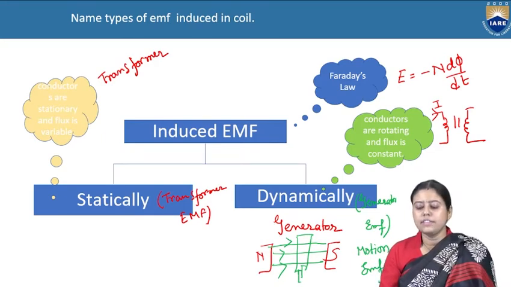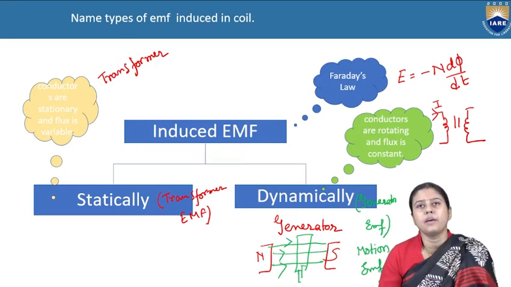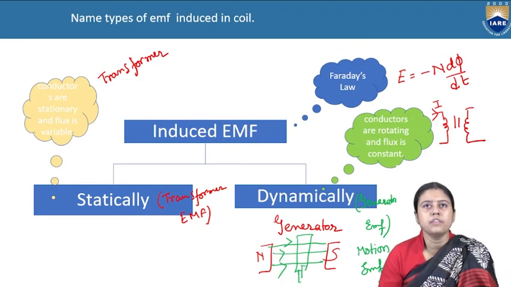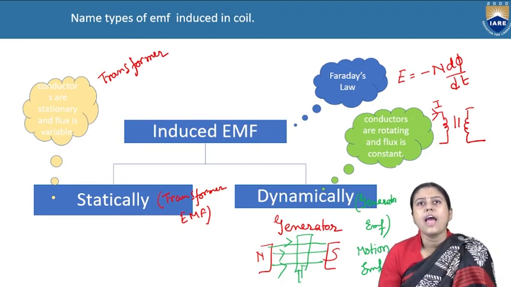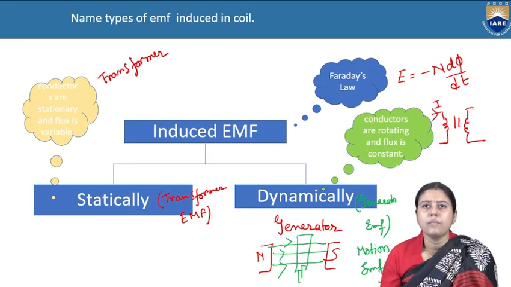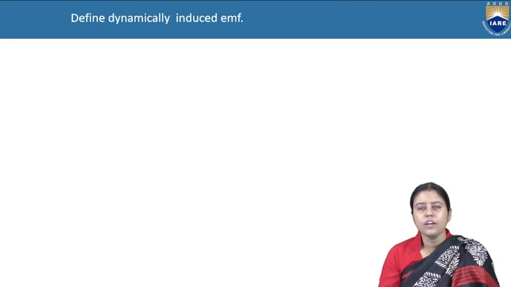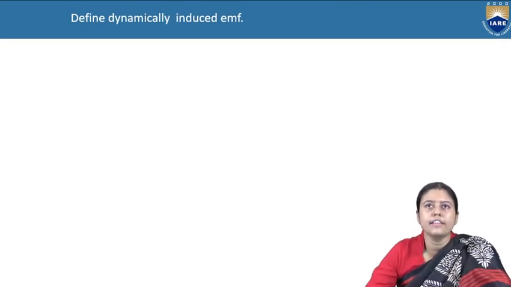This is known as the generator EMF or motion EMF. Static EMF means conductors are stationary and flux is changing, so it is known as the transformer EMF or static EMF. So how do we define the dynamically induced EMF?